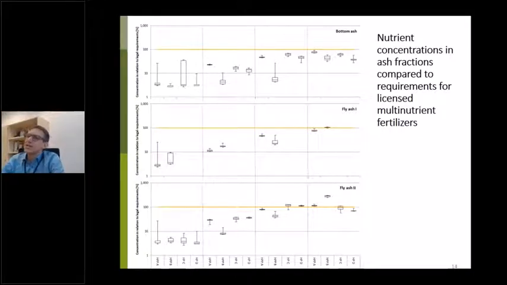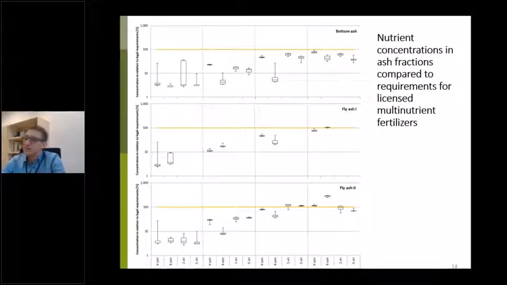So what you see is the yellow lines at 100% are the concentrations this fertilizer ordinance requires to call ash a fertilizer. And what you see is that the bottom ashes are mainly below this yellow line. We see nitrogen, which is expectable since nitrogen is evaporated during combustion mainly and ends up in the flue gas.